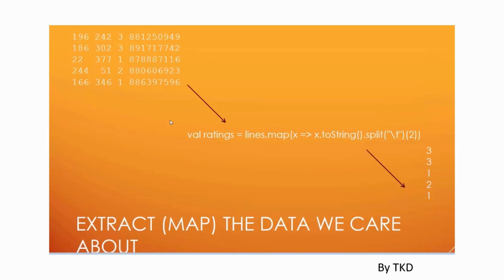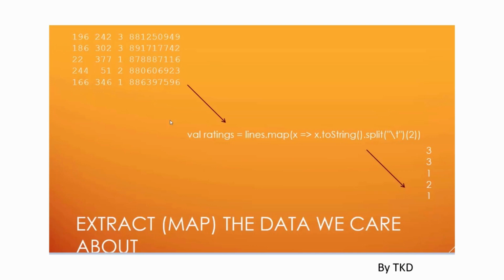It takes each individual line, call it x, converts it to a string, splits it up into a list on tab characters, because I happen to know that this file is tab delimited, and then extracts field number 2 from that list.